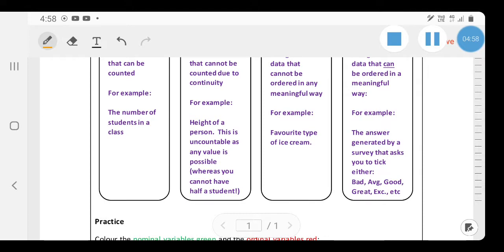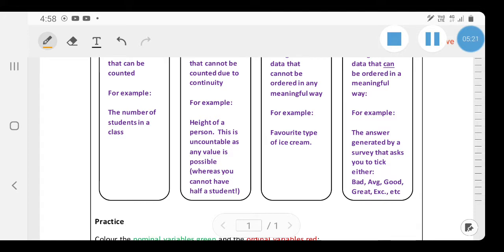Now let's think about this. Can you count the height of a person as a variable? Well, no, because you might find someone who's 180 centimeters tall, and then you might find someone who's 181 centimeters tall, but it's always possible to find someone who is 180.5 centimeters tall, who splits the difference.